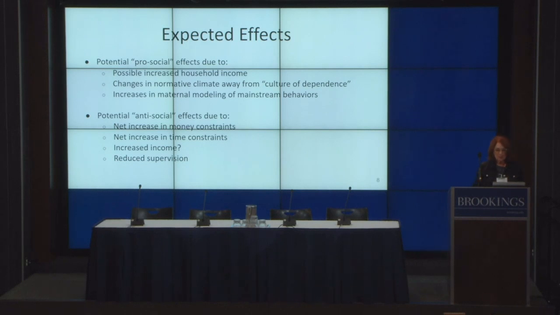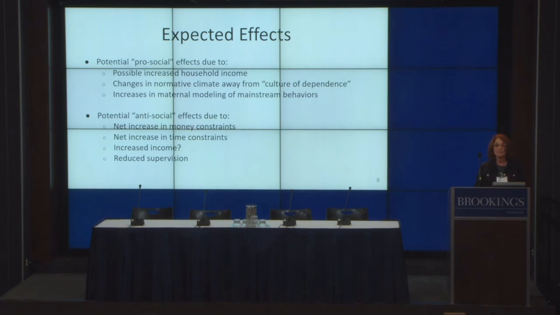Just looking at what we would expect the effects to be, we would expect there would be a pro-social effect. First of all, look at how the previous literature showed that the mothers worked more, they voted more, they used less drugs, they did less crime.